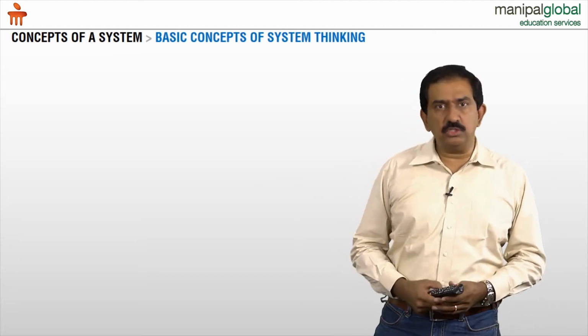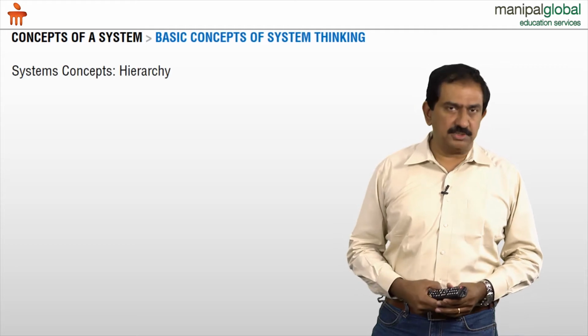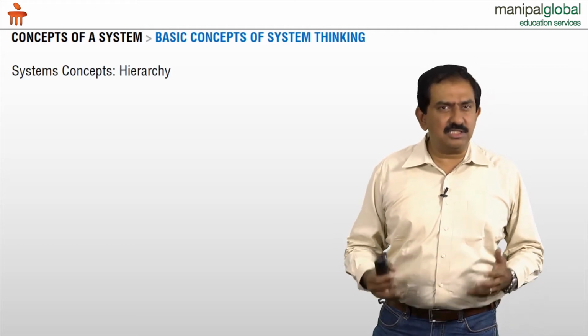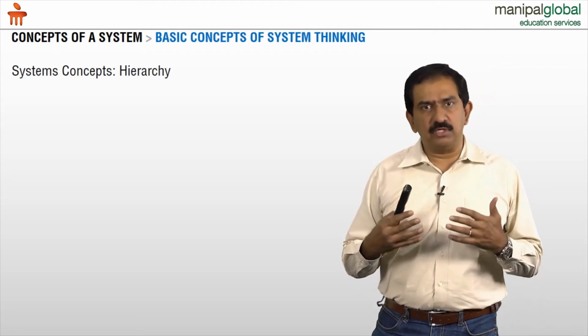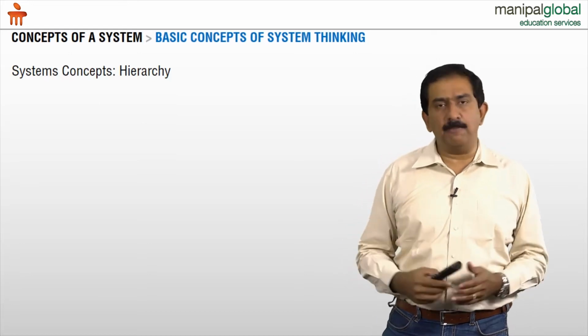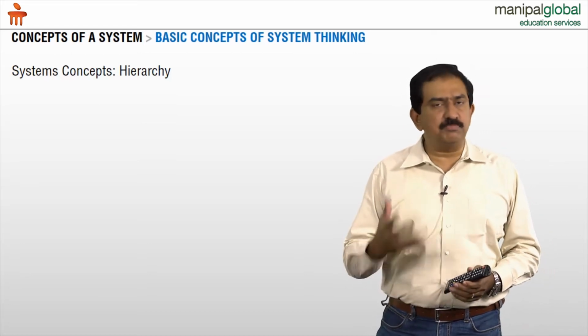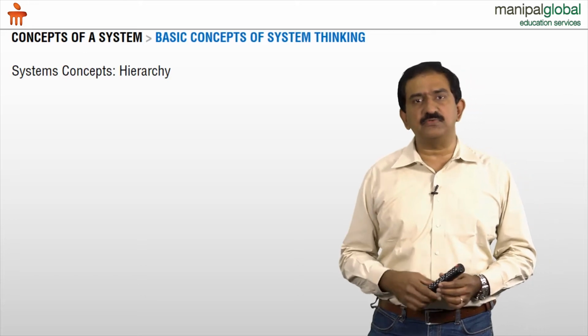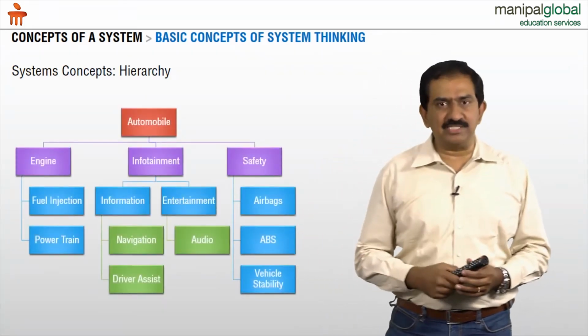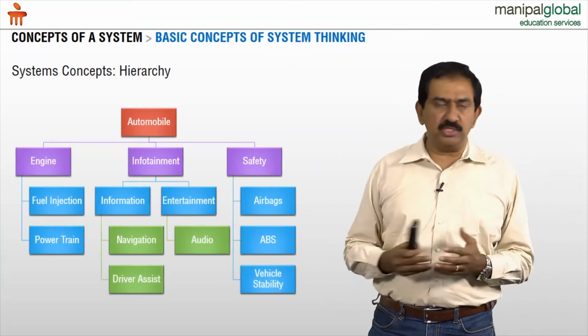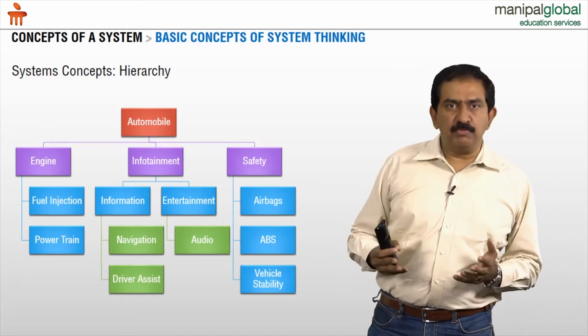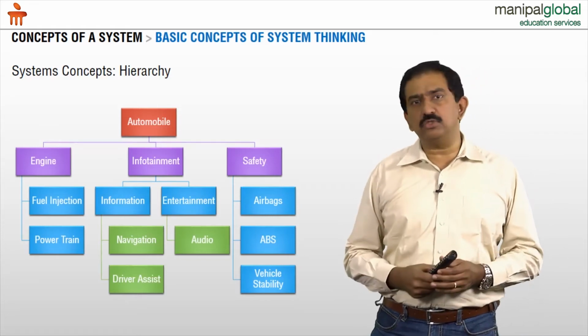The first of these concepts is what's called hierarchy. Any system worthy of discussion, worthy of study, typically comprises hierarchies of subsystems. On this diagram, for example, we're talking about an automobile. And an automobile is fairly complex on its own, right?